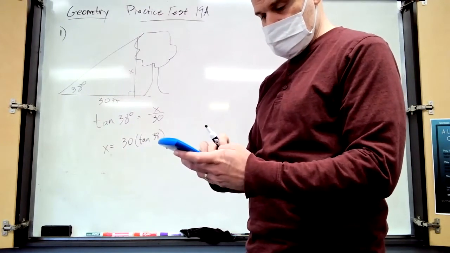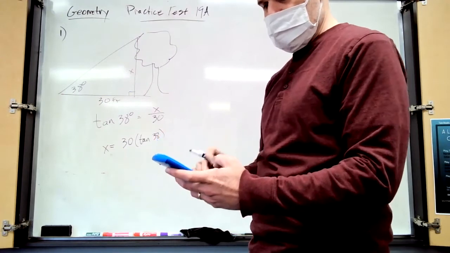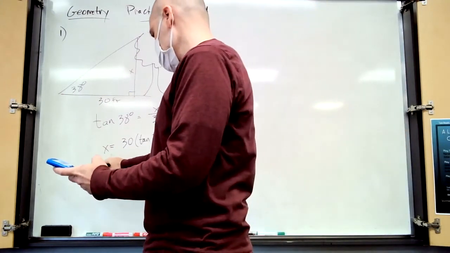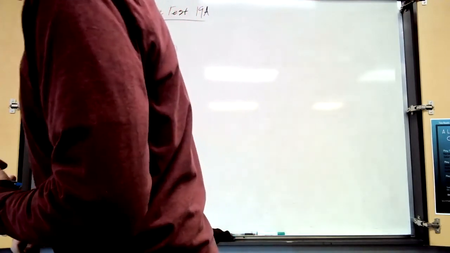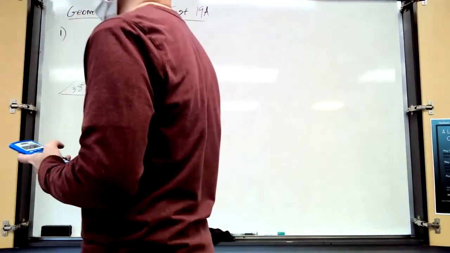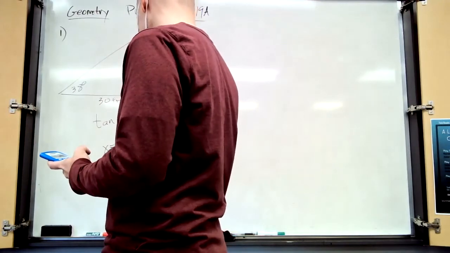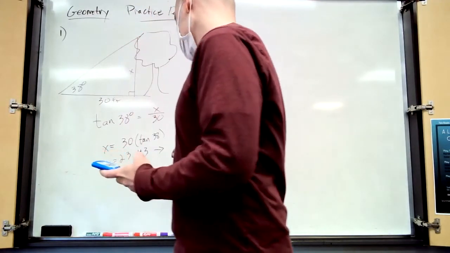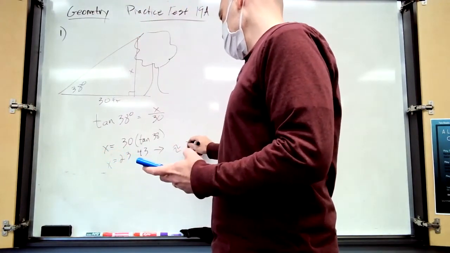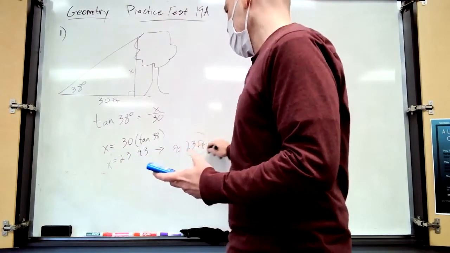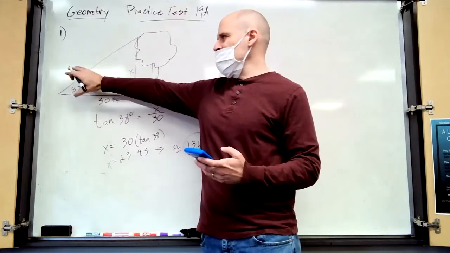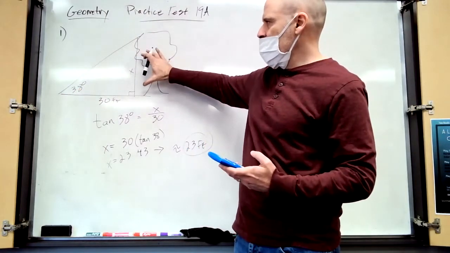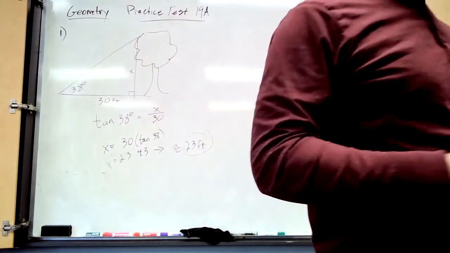So x is approximately 23 feet to the nearest foot, which makes sense. If I would have drawn this a little bit more accurately, 38 degrees is a little more acute, so the tree would have been a little shorter.